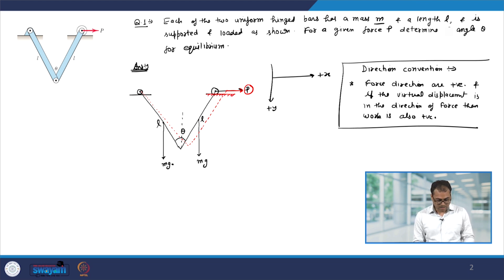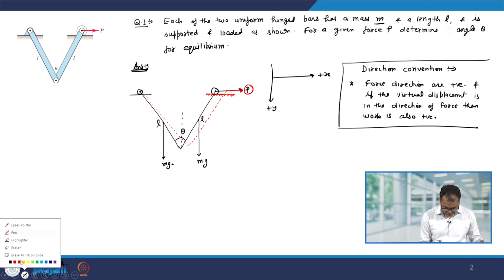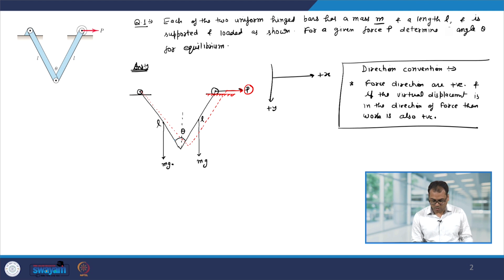And what will happen because of the weight? As I said, because of the weight, it has a tendency to do a motion like this. But note that everything is in equilibrium. So, let us find out the virtual work.